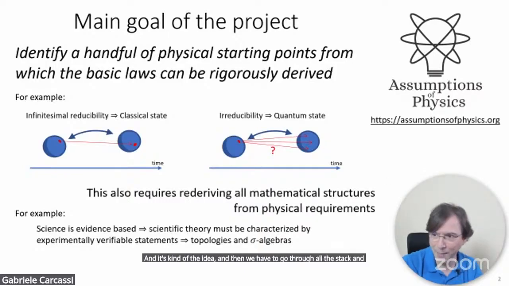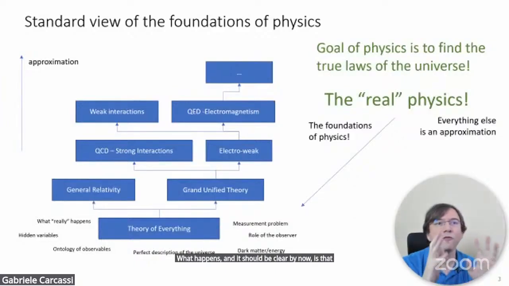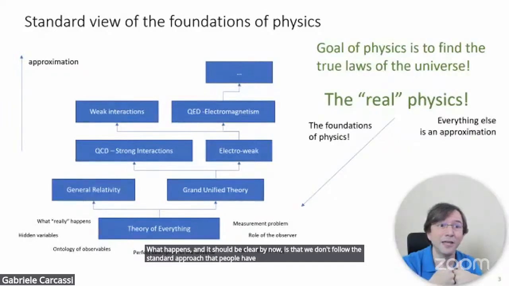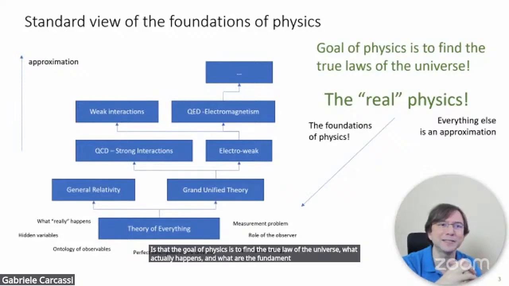So what happens, and it should be clear by now, is that we don't follow the standard approach that people have in the foundations of physics. Typically, the standard view in the foundations of physics is that the goal of physics is to find the true law of the universe, what actually happens, and what are the fundamental constituents, and sort of how the universe works.